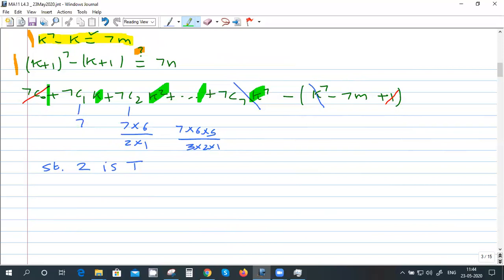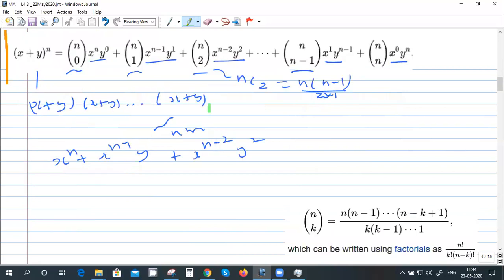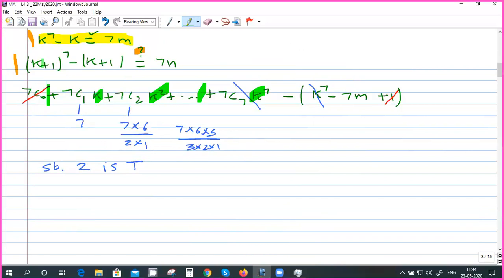We are just using this result. With y as 1 it will be a polynomial in x raised to the power n, so this will be a polynomial in k raised to the power 7. So k raised to the power 7, 6, 5, like that, k and then the constant term. The coefficients will be like this. And this k plus 1 is there.